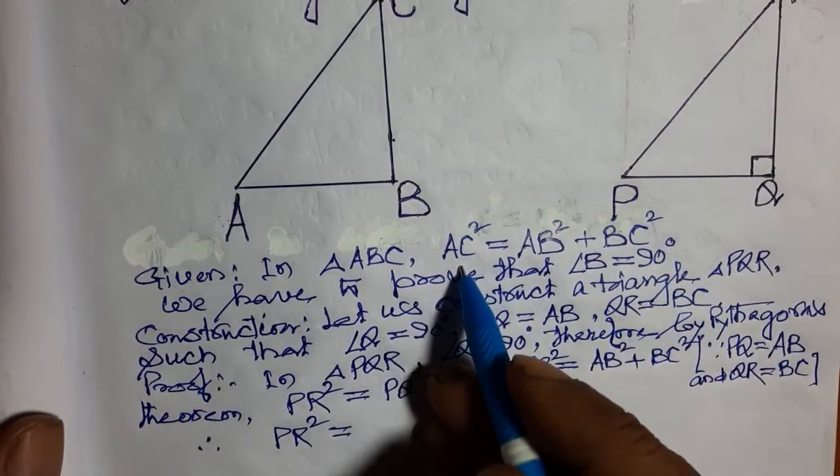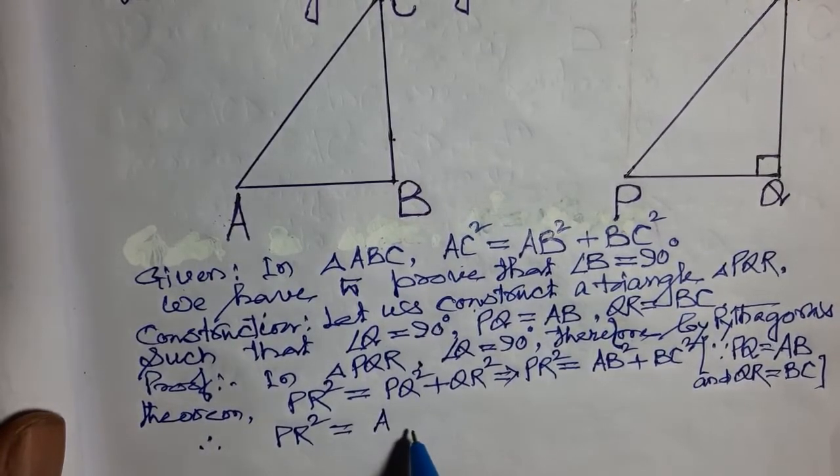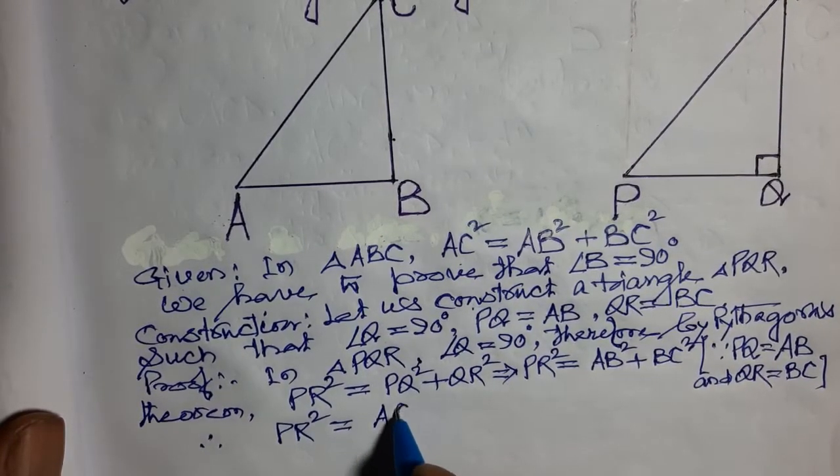It is given. Therefore, PR square is equal to AC square.